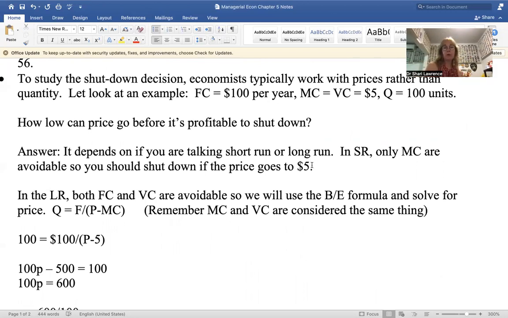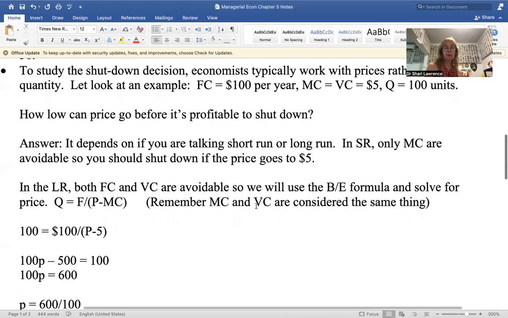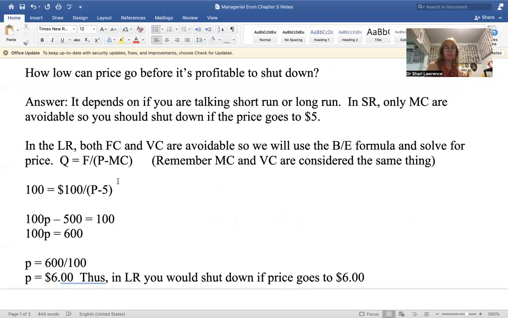How low can the price go in the long run before you should shut down? Well, then you have to include the fixed costs. So we're going to put everything in this formula. Q equals 100. The fixed costs were $100, divided by, we're solving for price, minus your marginal cost or variable cost, the $5. Now that we've included the fixed costs, this will tell us at what price it would be profitable to shut down in the long run.